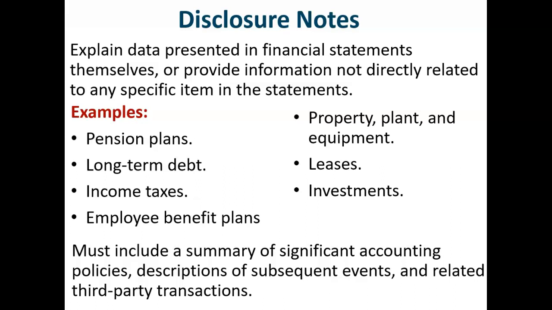But many notes are fashioned to suit the disclosure needs of the particular reporting enterprise. Actually, any explanation that contributes to investors' and creditors' understanding of the results of operations, financial position, and cash flows of the company should be included.